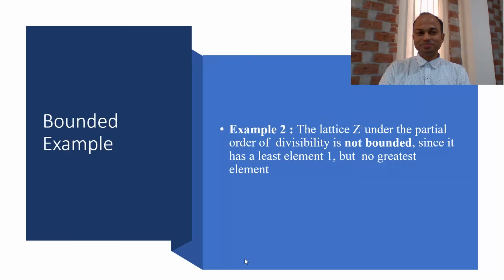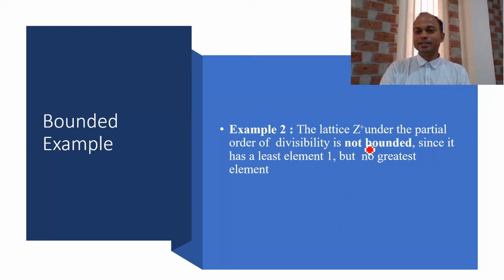Now we are taking another important example, to see whether this particular example is bounded or not. For the bounded lattice, we know that the greatest value should be 1 and the least value should be 0.